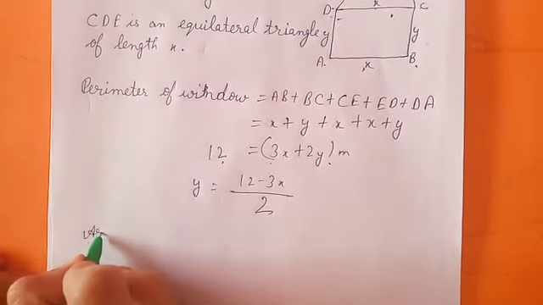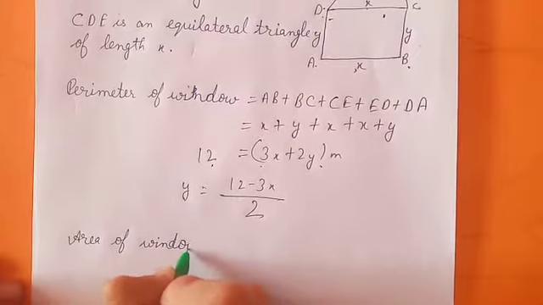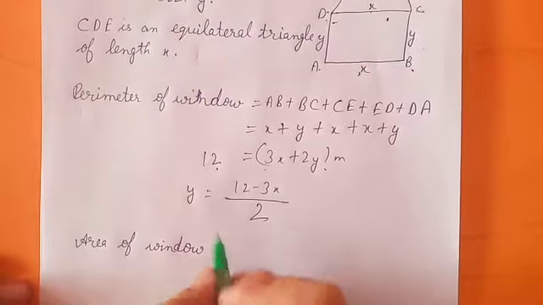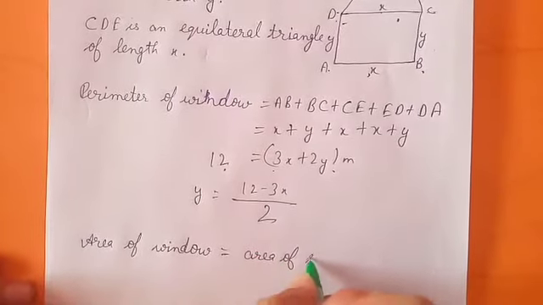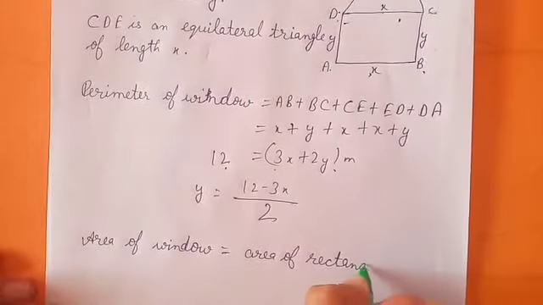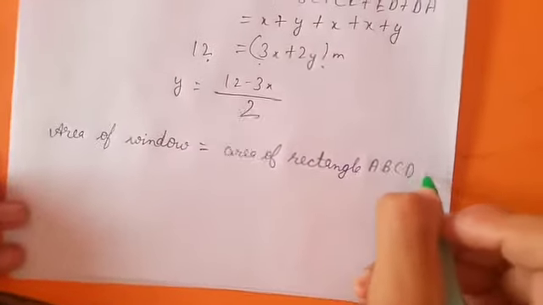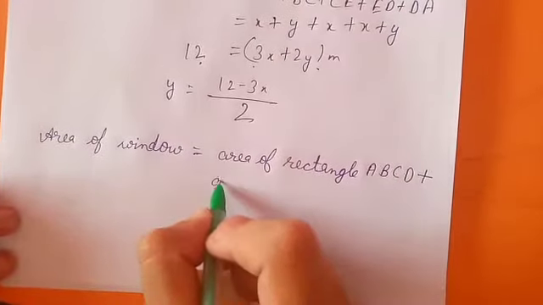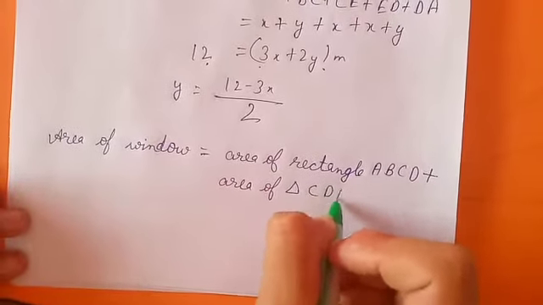Then the area of the window will be equal to the area of rectangle ABCD plus the area of triangle CDE.